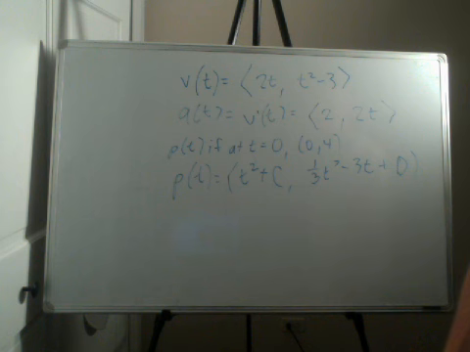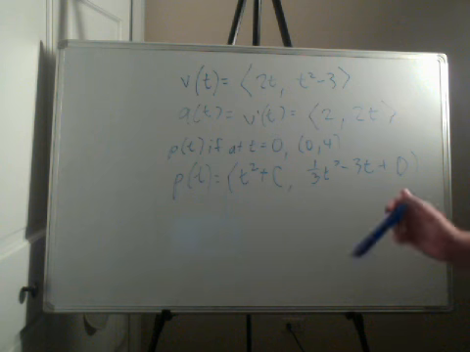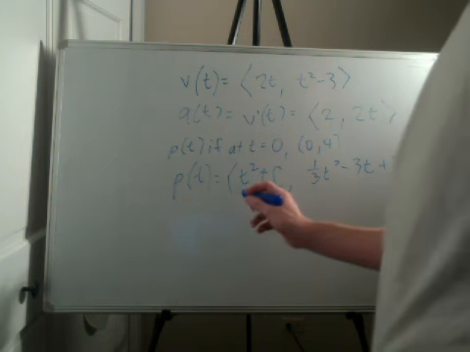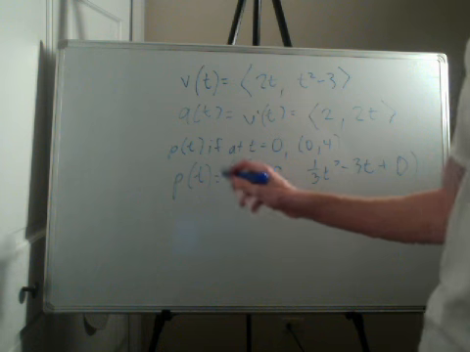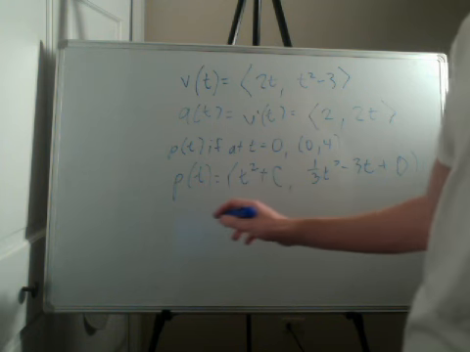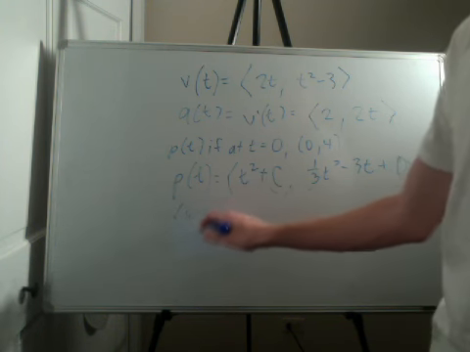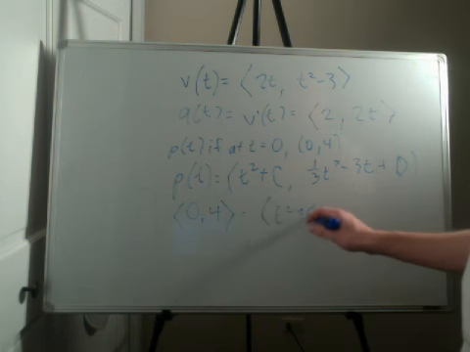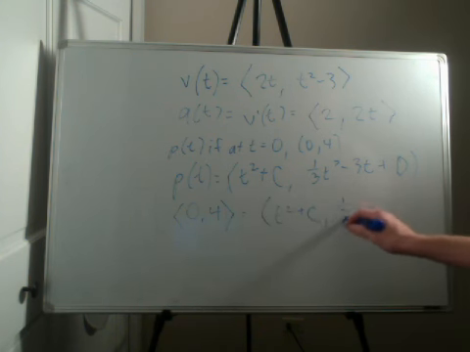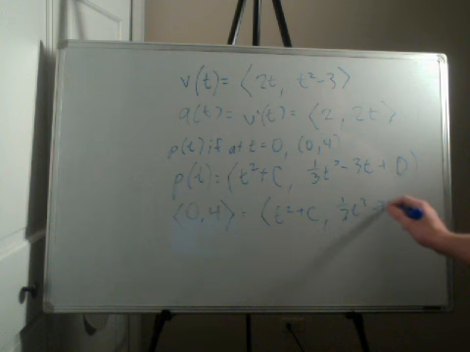And now it's time to plug in numbers to find out what the equation is. And then, of course, you can use the equation to find what point it's going to be at when t equals any value. But let's say at p of 0, this is 0, 4 equals t squared plus c, 1/3 t cubed minus 3t plus d.